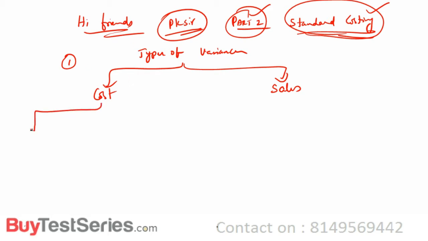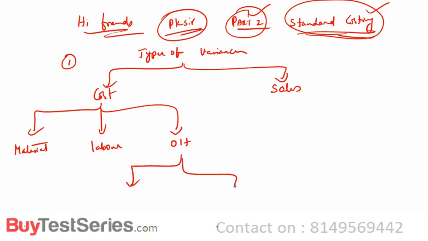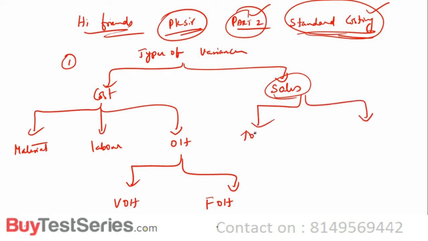Cost variances can again be classified into three categories: material, labor, and overheads. Overheads will be further classified into two: variable overheads and fixed overheads. Sales variances are classified into two categories: total approach and margin approach.